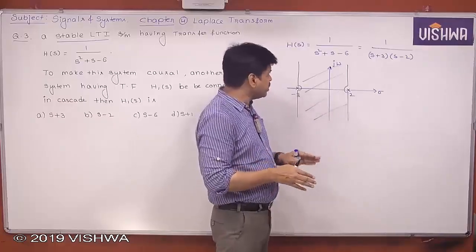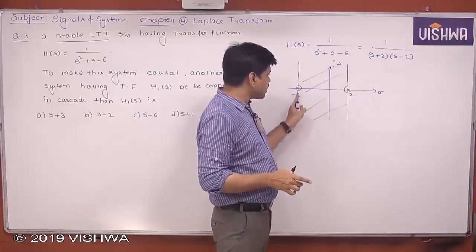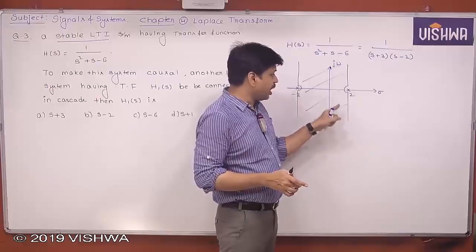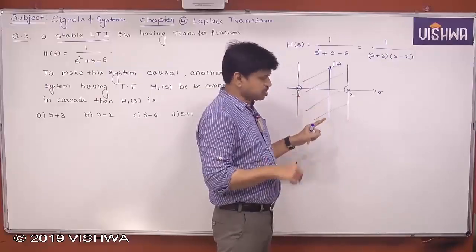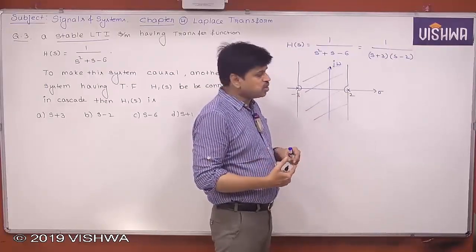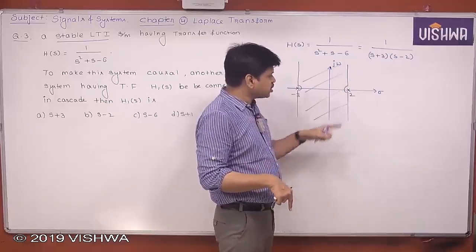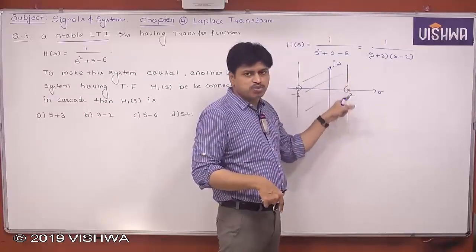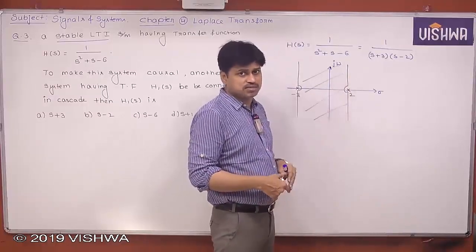So I can say in this H of S, this is a right side signal, this is a left side signal, and this system is stable but non-causal. Which pole is making it non-causal? This pole at 2. Why? Because this pole at 2 has a left side signal. I hope that is understood.